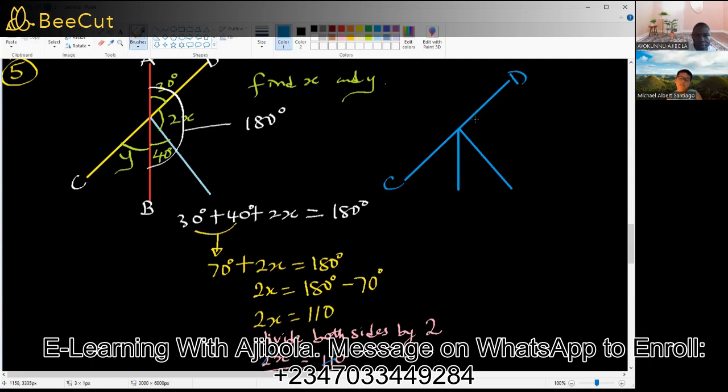This first angle is 2x, while this one is 40 and this one is y. So what is the value of 2x? That's 110. So 2x is 110, then you put 110 here. Then here you have 40 degrees, right? Then we're looking for y. Is that clear?